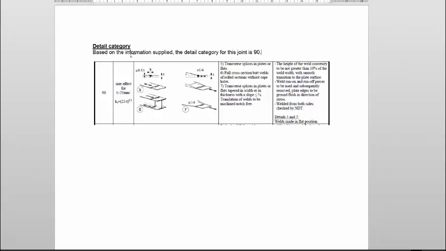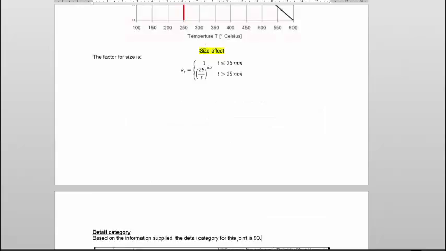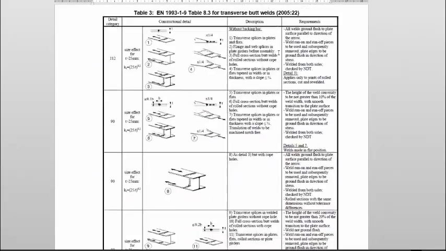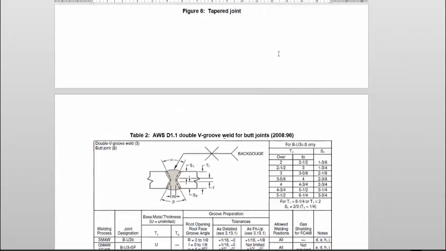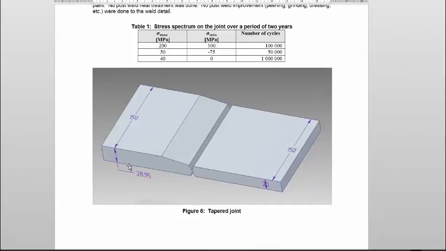That is also the characteristic strength at 2 million cycles for the original joint. That means without any modification effect. As we can see, we need to model the thickness effect. In this case, they said the thickness of this problem is 28.95 millimeter, the thicker part that we're talking about there.